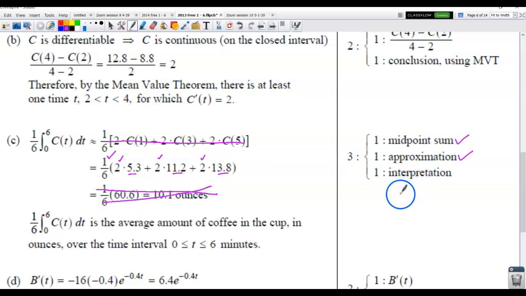Then we have to interpret. So we will say this is the average value of C of t, and C of t was the amount of coffee in the cup. So you could say the average value of, or the average amount, because C of t is the amount of coffee in the cup, the average value of C of t in ounces from 0 to 6 minutes.